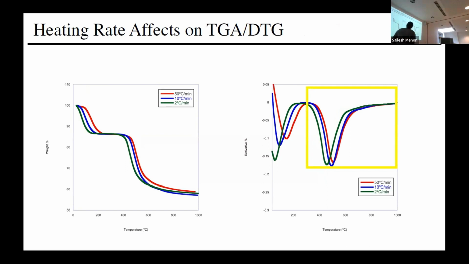As you increase your heating rate, from 2 to 10 to 50 degrees Celsius per minute, you see a shift to the right, to a higher temperature, for your thermal processes, which we also see here in the DTG. I'm interested in the pyrolysis of the system, so I'm only looking at a temperature range of 300 degrees Celsius to about 1,000 degrees Celsius.